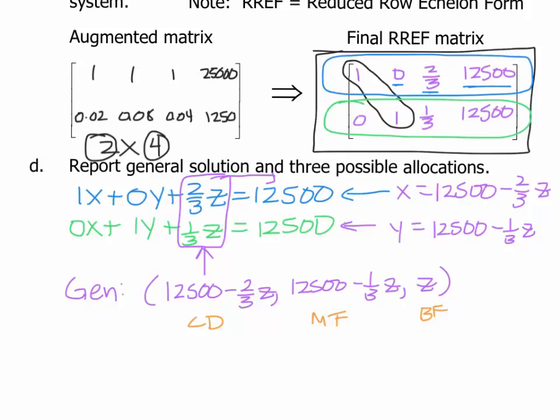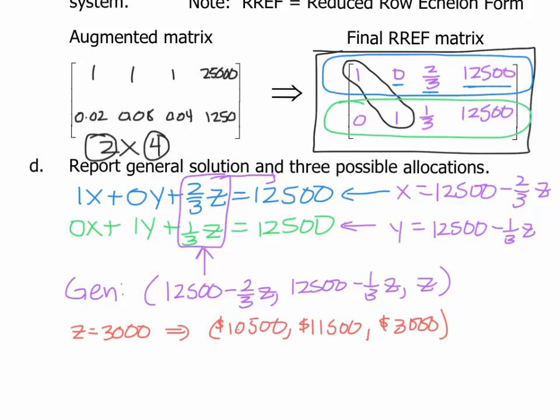Let's come up with a couple of specific examples of ordered triples that would work for this scenario. If we try out z equals 3,000, this would give us the amount in our CD would be 12,500 minus 2/3, and I'm plugging in that 3,000 right here. So that would be 10,500.